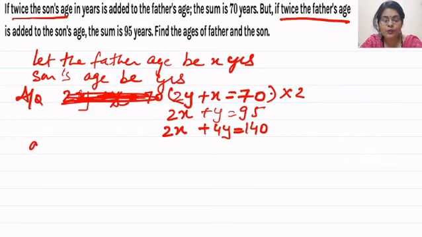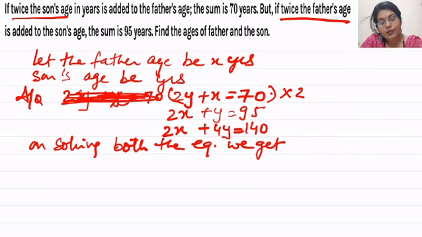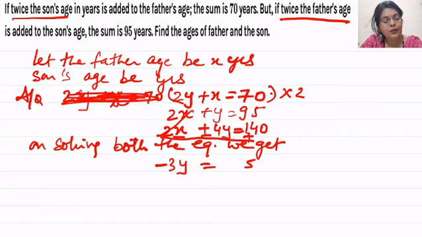On solving both the equations, here again minus minus plus. So minus minus gets cancelled, and minus 4y plus y, what does it become? Minus 3y. And on the right, 140 minus 95.